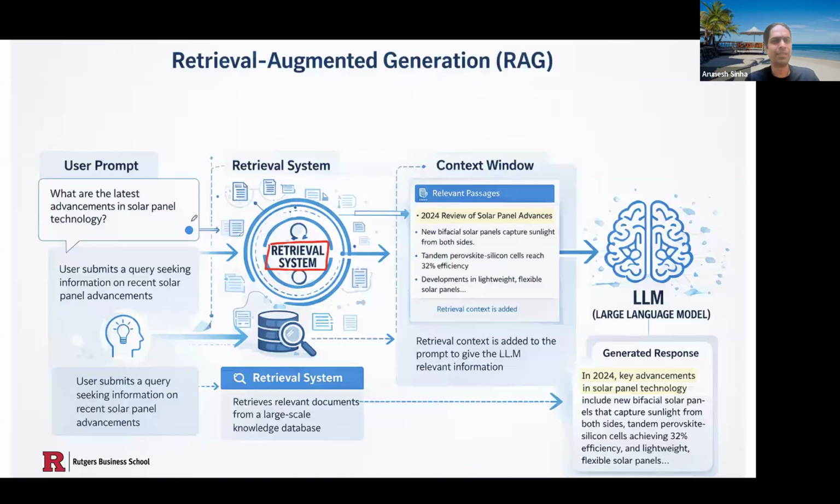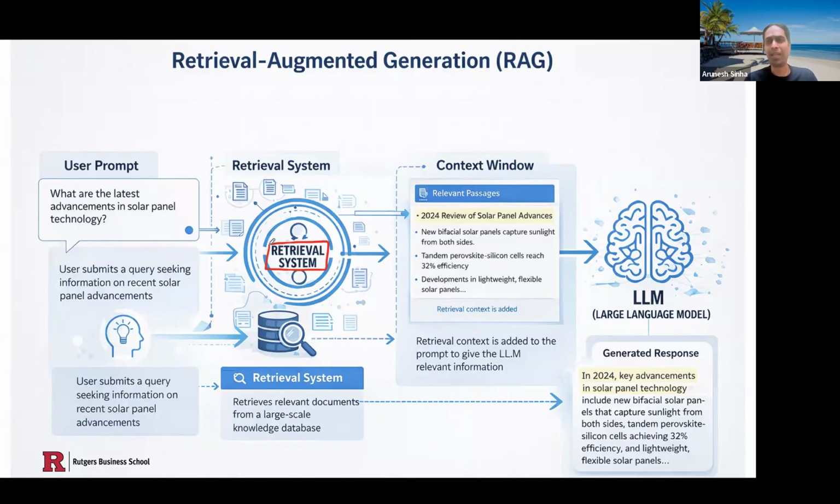This retrieval system is able to understand what you prompt it with. So here you are prompting it with what is the latest advancement in solar panels, and it will decide whether to retrieve information or not. It might go and search on the web because Gemini is supported by Google. It can do a very good web search in the background.